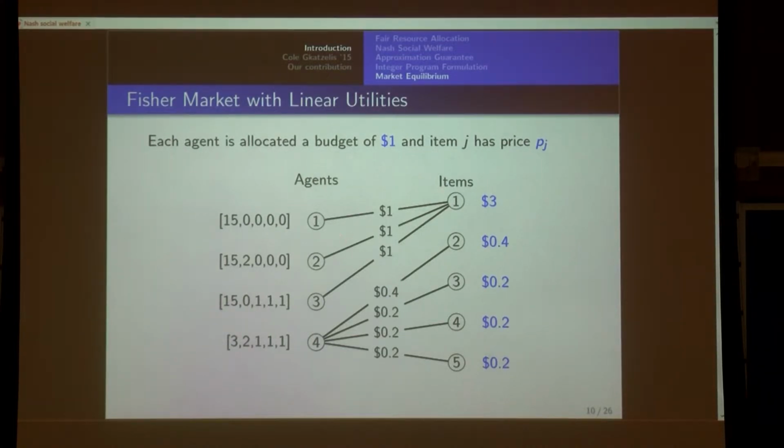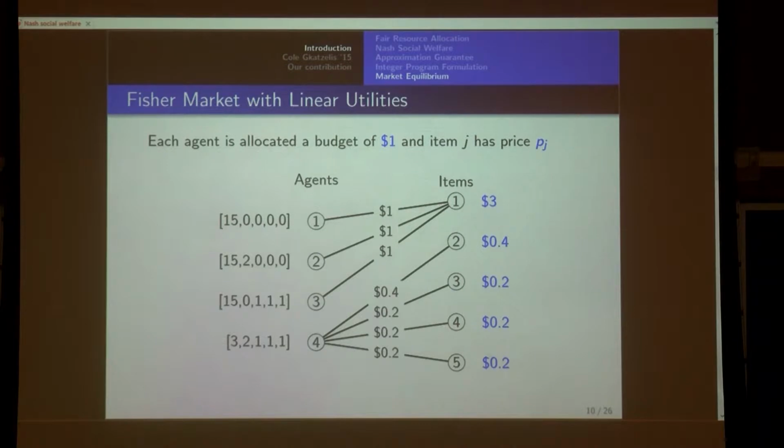So we assume that each agent has a budget of 1, and you want to find prices for items such that when every agent buys his optimal bundle subject to budget constraint, the market clears. Demand is exactly equal to supply. Okay, this is called a Fisher market with linear utilities, and this has been well studied.